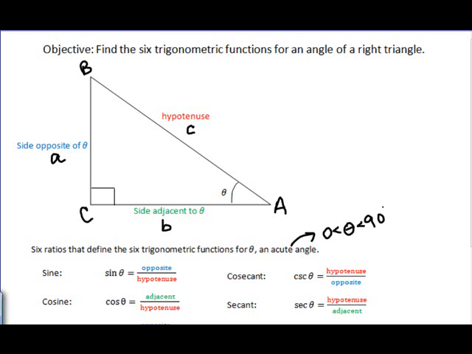Or if we use radians, we would say between 0 and pi over 2. And that is because the sum of the measures of the angles in a triangle is 180. Knowing that one of these is 90 degrees means that the remaining 2 have to add up to be 90, which means that they have to have a value less than 90.